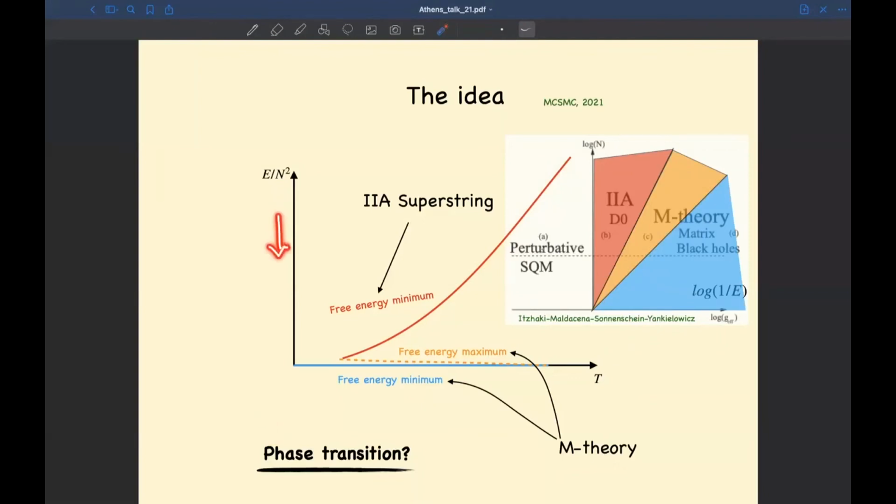Then on the right-hand side, this would mean that we are going towards this direction. So then there should be a point, let's say here, where we transition from type 2A to M theory. We will see later how this point is related to this transition.